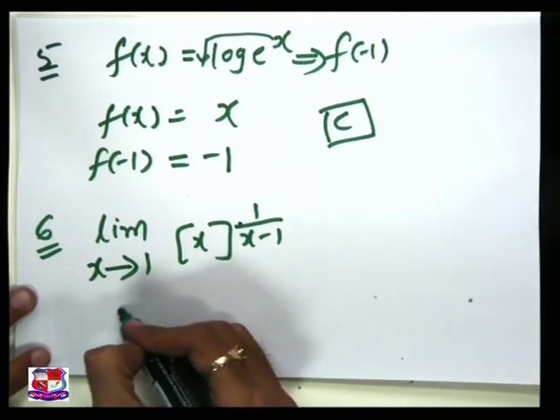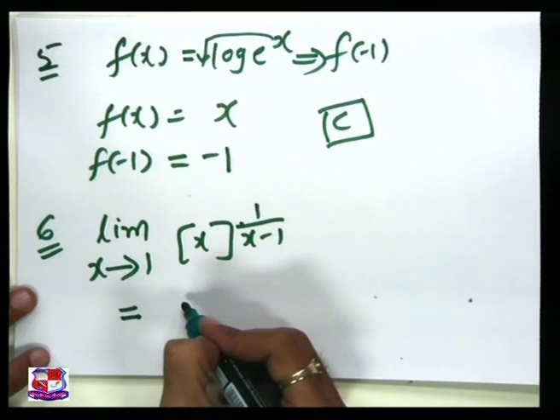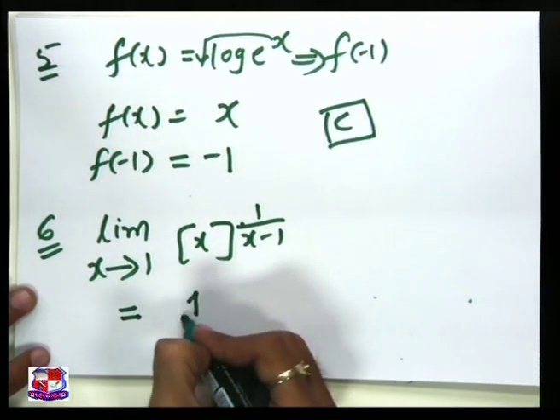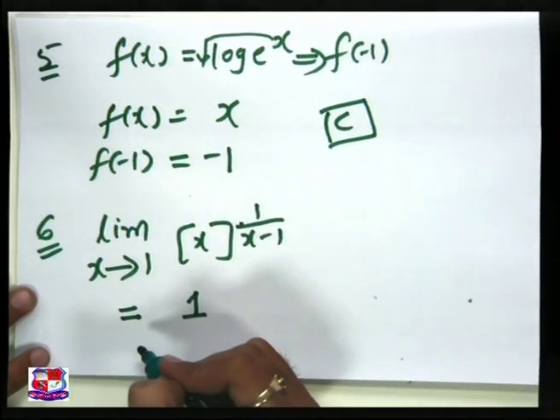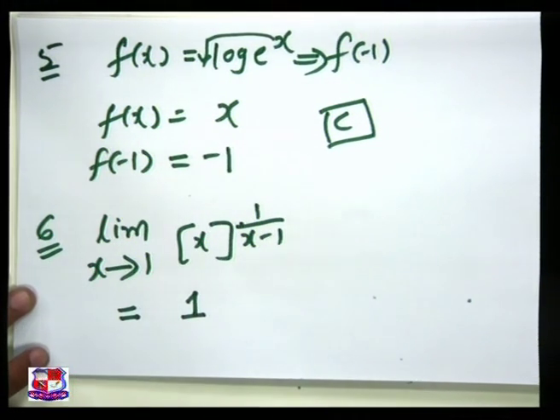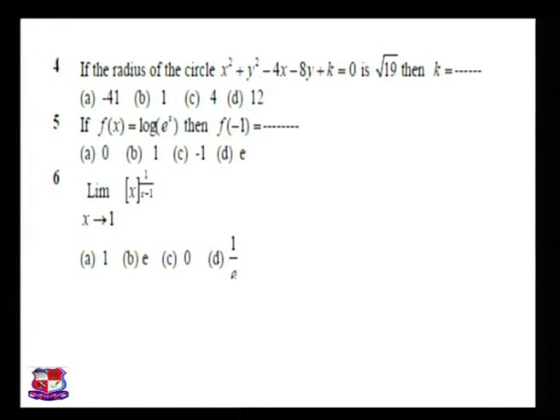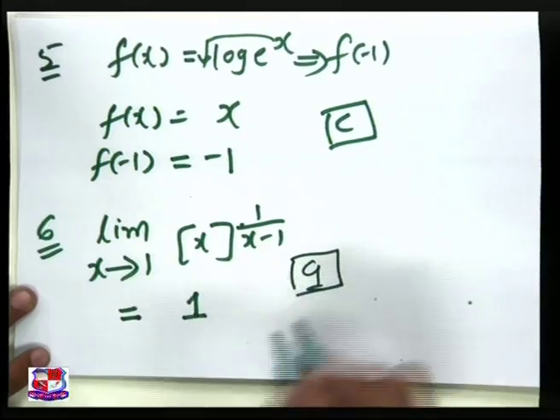So using the L'Hospital rule, we will find the answer that is equal to 1, right? That is quite clear using the L'Hospital rule. So our answer is A in the sixth question. So here the answer is A.